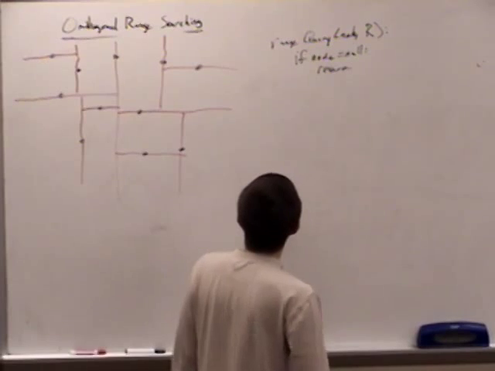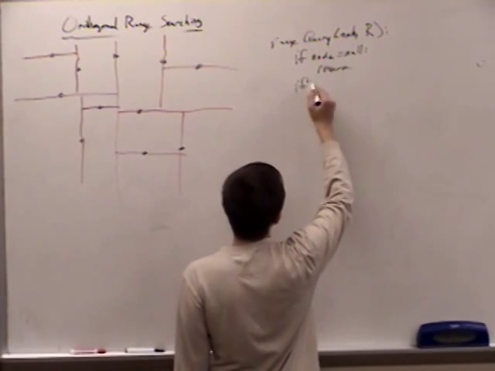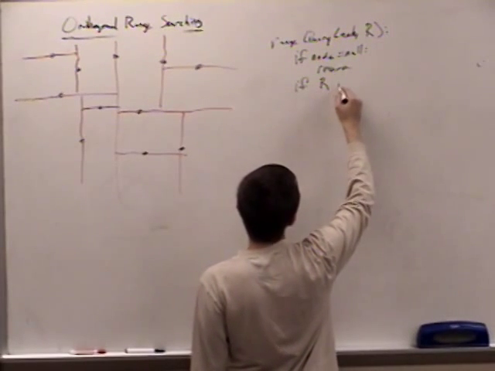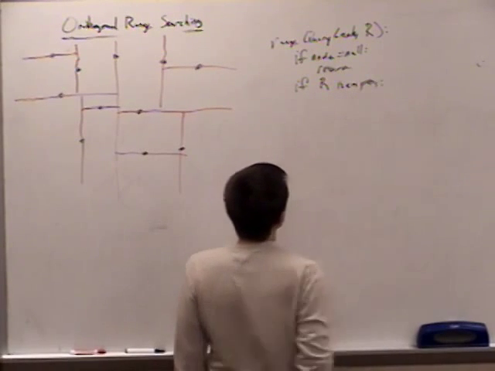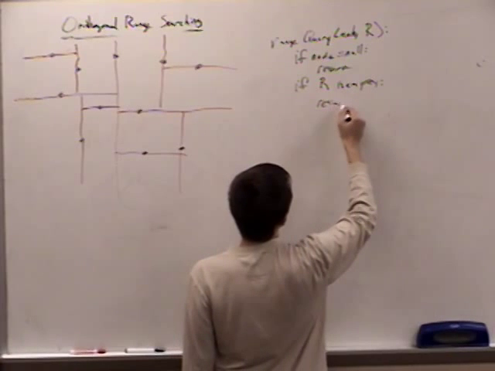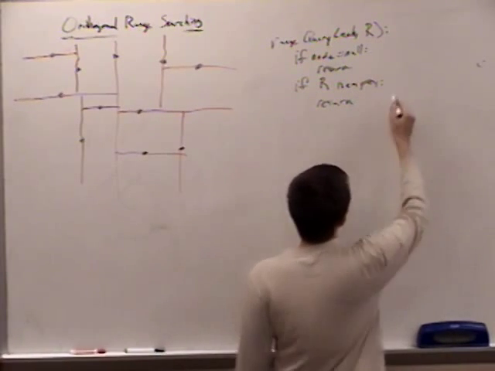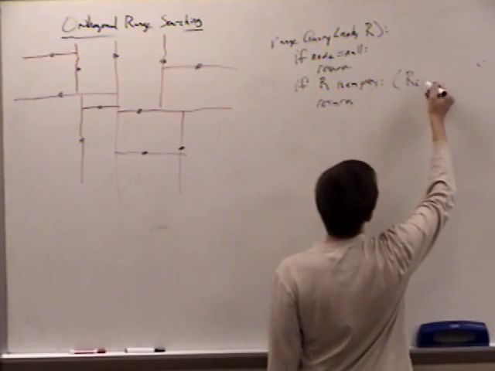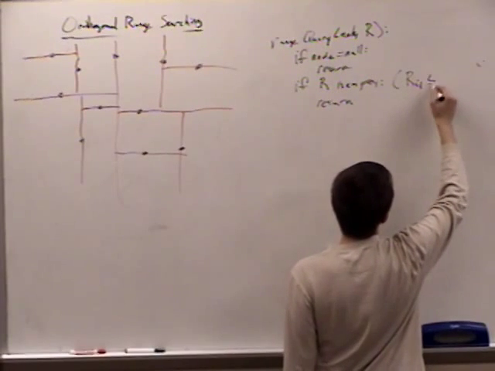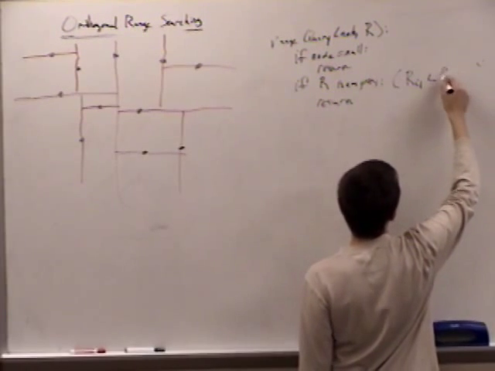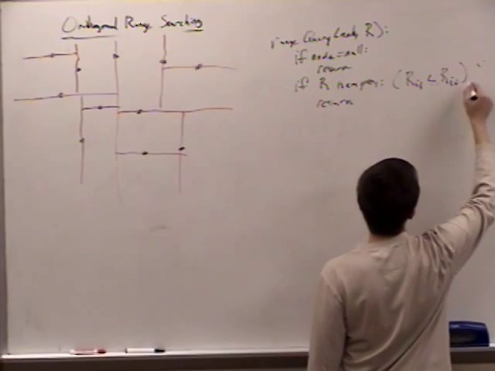The second thing is we need to check if this range is empty, and if so, we return. How do we check if it's empty? This would be if there is some i where R_i1 is less than, we'll make it a closed range, R_i0 for some i.